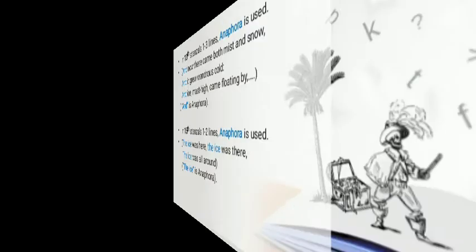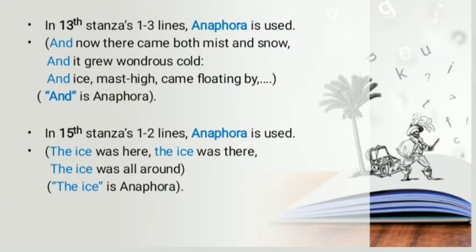Number second, in the 13th stanza, first and third line, anaphora is used: and now there came both mist and snow, and it grew wondrous cold, and ice mast-high came floating by.